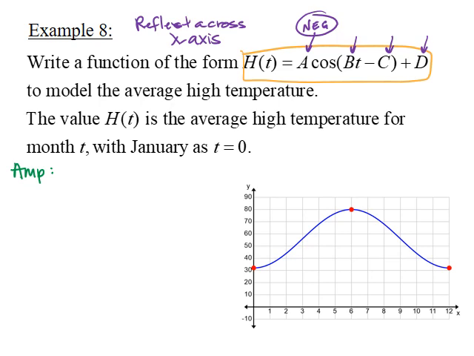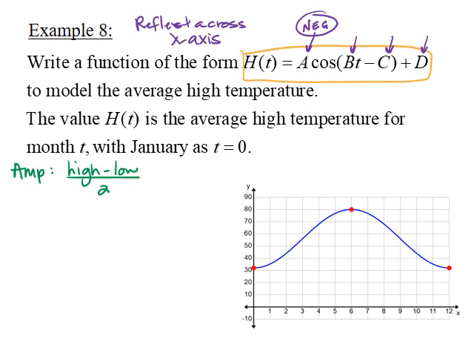But we do know the high and low temperature. If I take the high temperature minus the low temperature and divide by 2, I'll find that middle ground. Half of that will give me my amplitude.